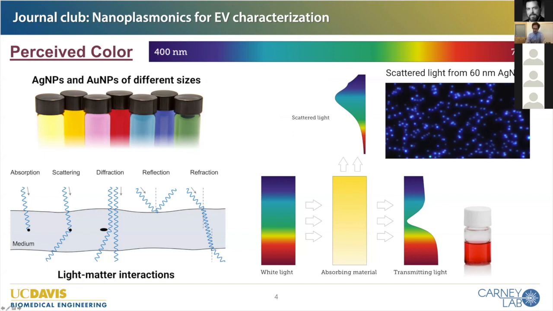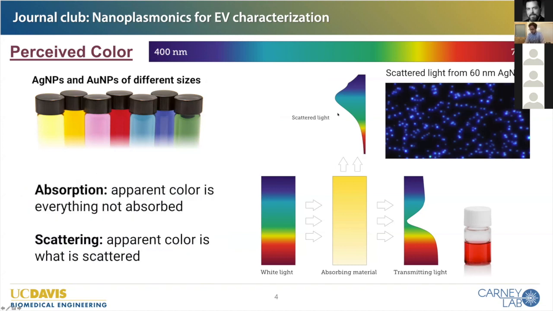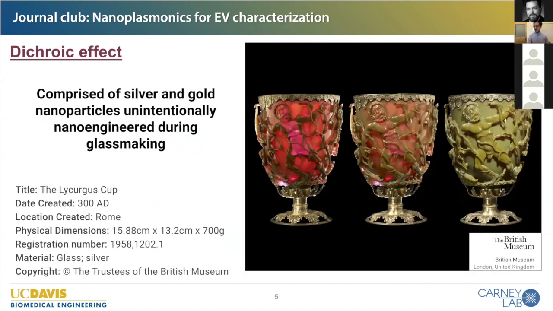So these are some silver nanoparticles that are preferentially scattering blue and green light, as you can see in this dark field image. So basically what we can say is that the color of the absorbing material is everything not absorbed, and the color of the scattering is everything that is scattered. So it's kind of interesting.